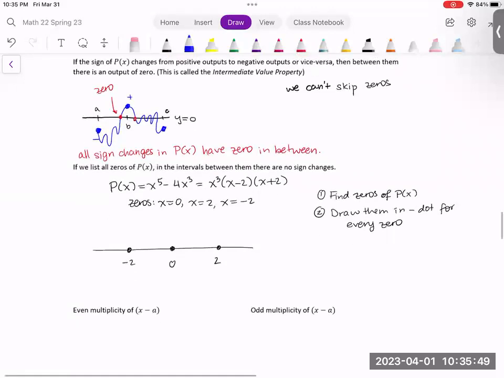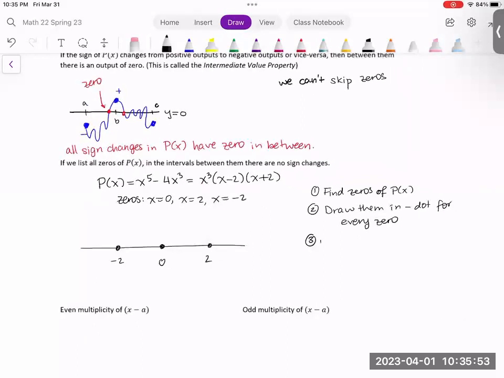Once we have our zeros listed, we can find if p of x is positive or negative in an interval just by testing one value.